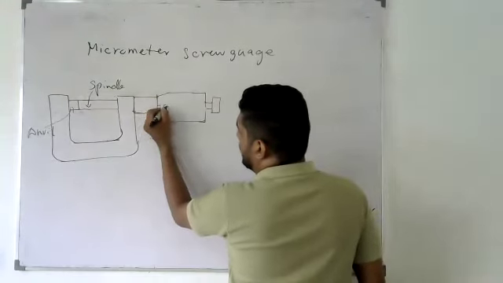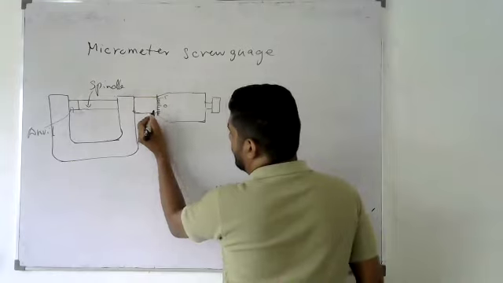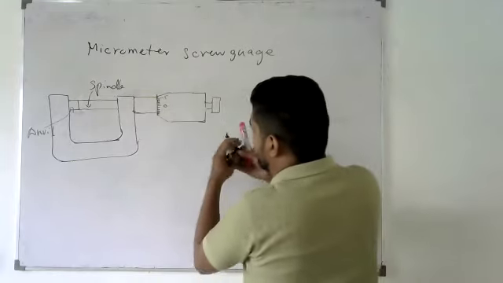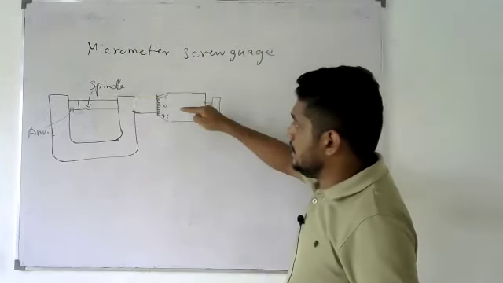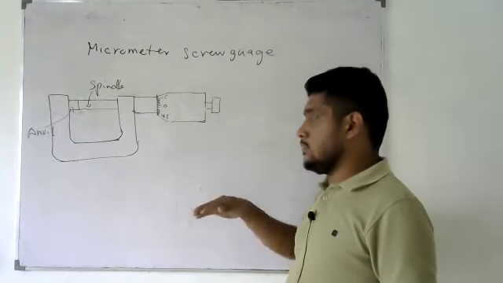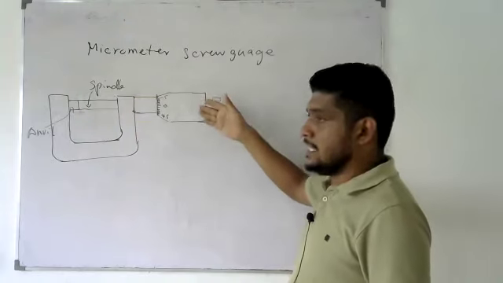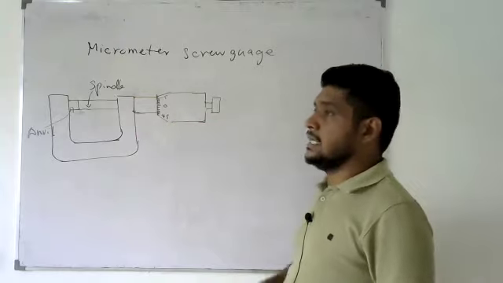You can rotate this. The numbers are normally marked from 0 to 50: 0, 5, 10, 15 up to 50, 45, then again 0.